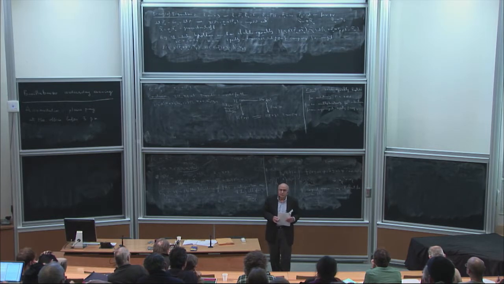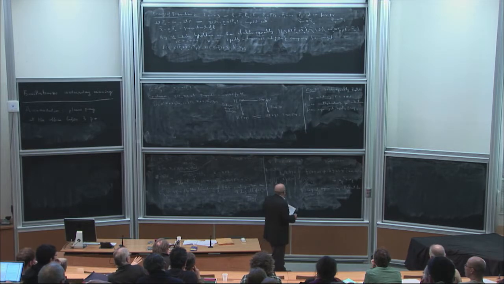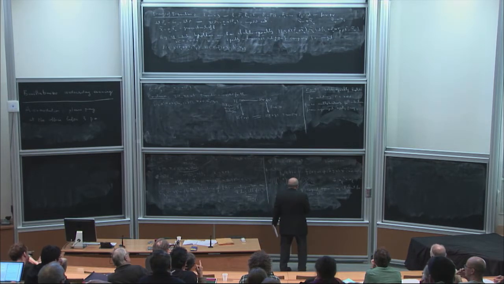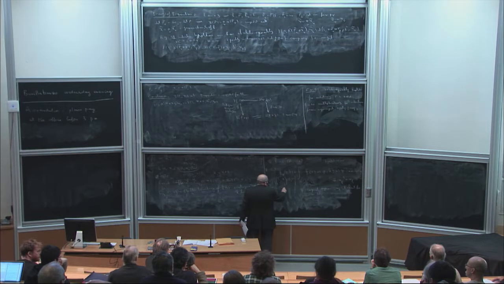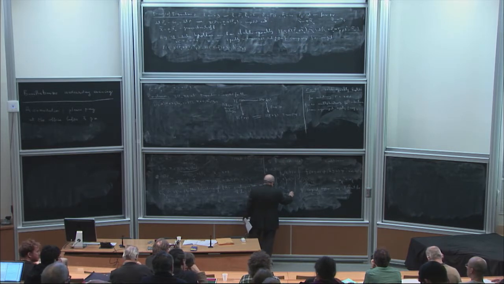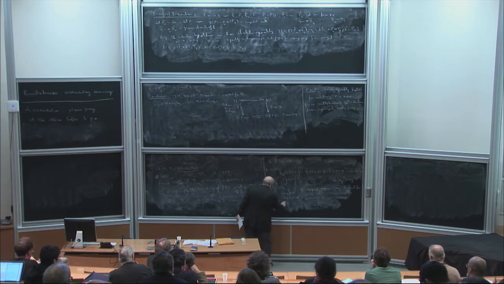G is now, G is GSp, 2N, and N is the unipotent radical of Siegel parabolic.